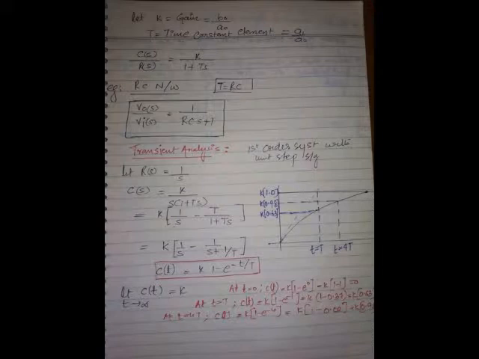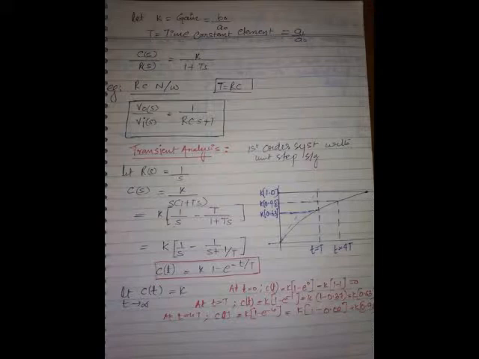You see, ideally speaking, when t is equal to T, this is the ideal response of a first order system. When t is equal to T, the response should reach 100% of the final value.